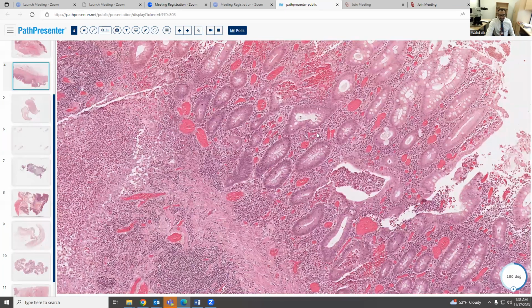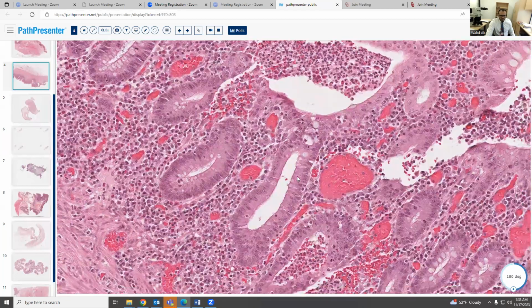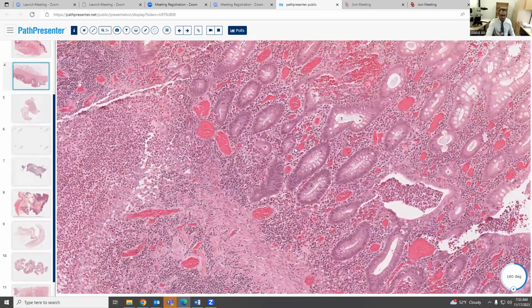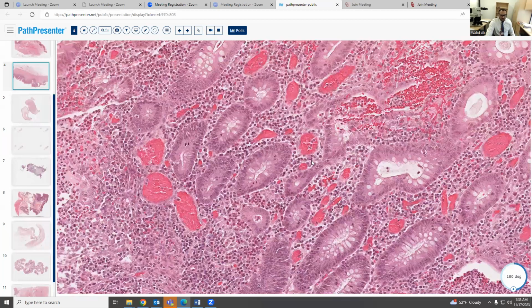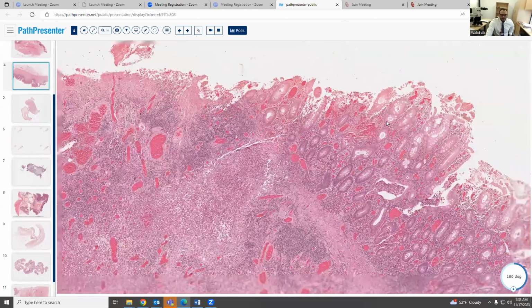So here we can see a feature of chronicity and a feature of activity. There's lymphoplasmacytosis, which is also a feature of activity. There's maybe another crypt abscess here, and maybe cryptitis here. So I know now this is inflammatory bowel disease. Until now, I still didn't tell if it's Crohn's or ulcerative.